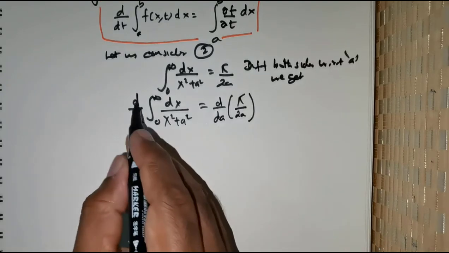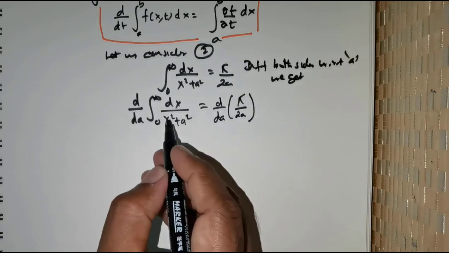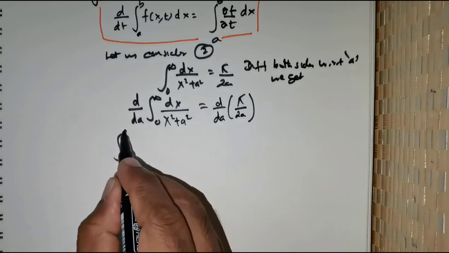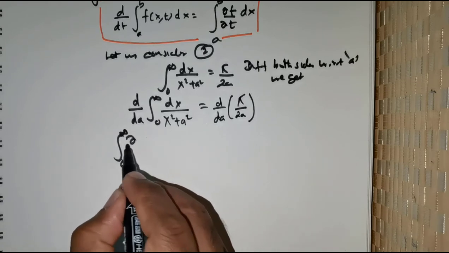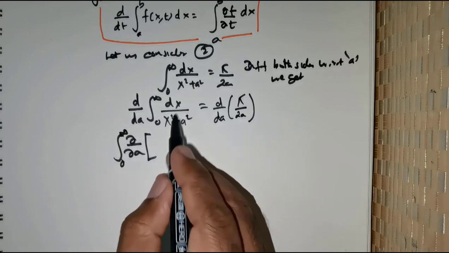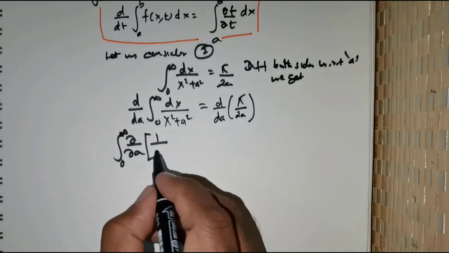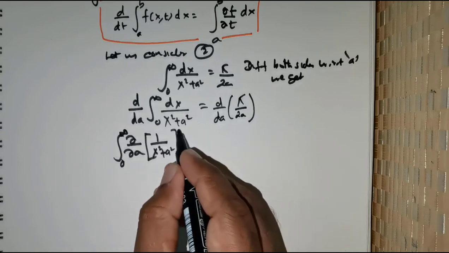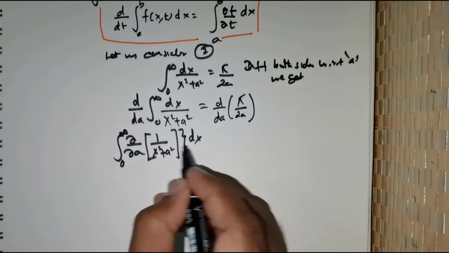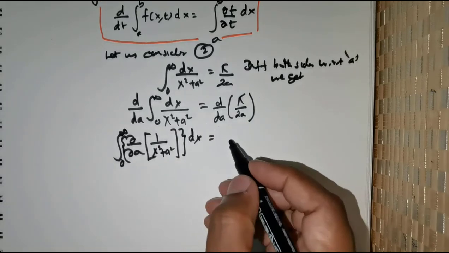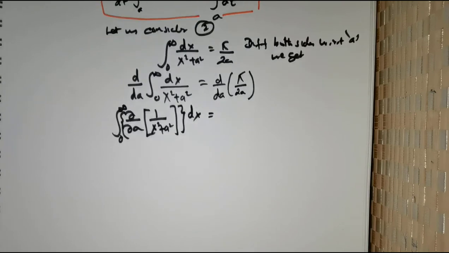Now I push d over dA inside the integral, so that would be the integral from 0 to infinity of partial derivative with respect to a of 1 over x squared plus a squared times dx. This is how I am representing the quantity.